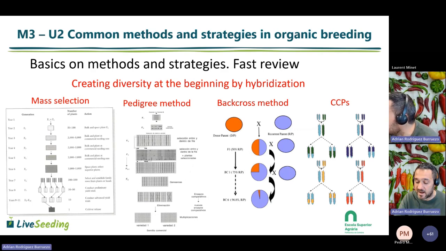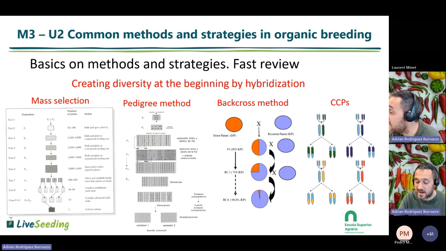With this F1, the next step is to perform a new cross with the recurrent parent, I mean, the genetic background I want to recover. Then I get the BC1, backcross 1, which has 75% of the recurrent parent and just 25% of the donor parent.